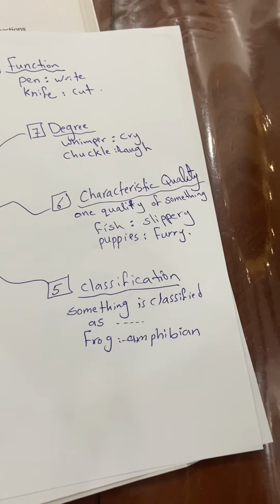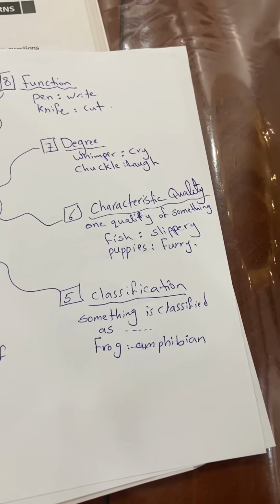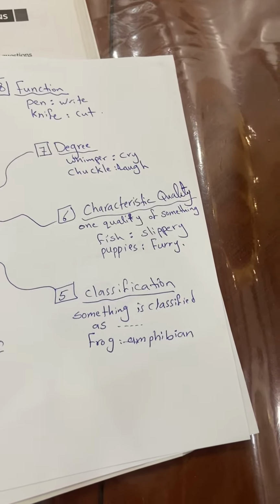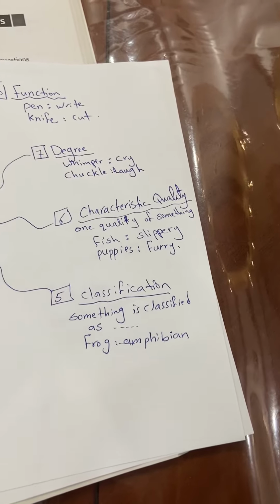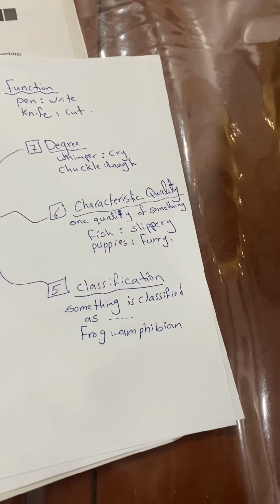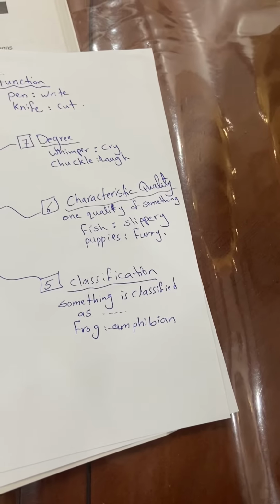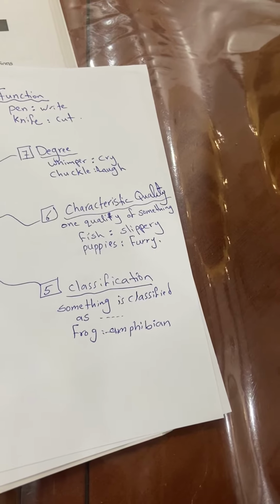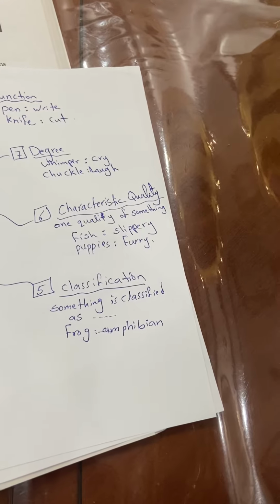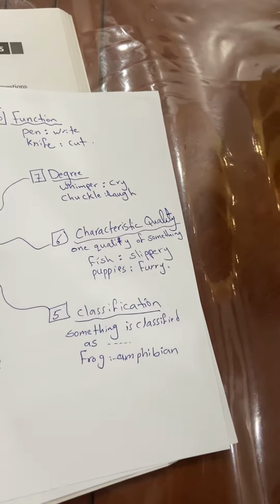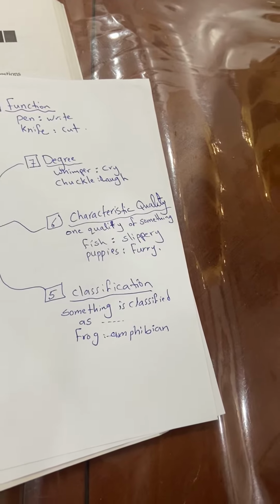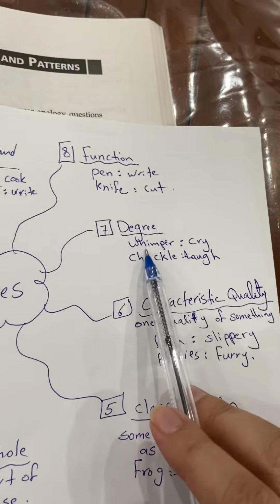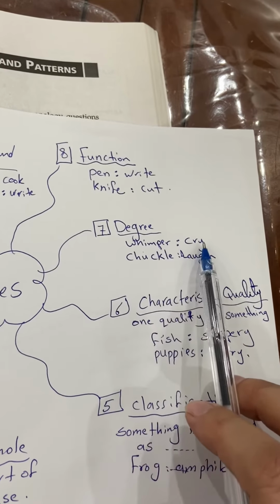Okay, number six, characteristic or quality. One quality of something, for example, fish and slippery. One quality of the fish is that all the fish are slippery, and puppies also, one quality of the puppies is furry. This is characteristic or quality. Number seven, degree: whimper and cry.